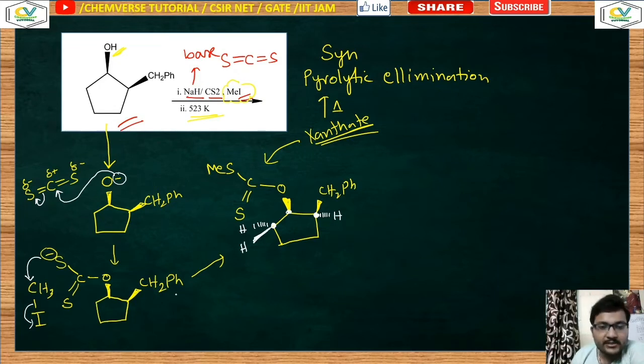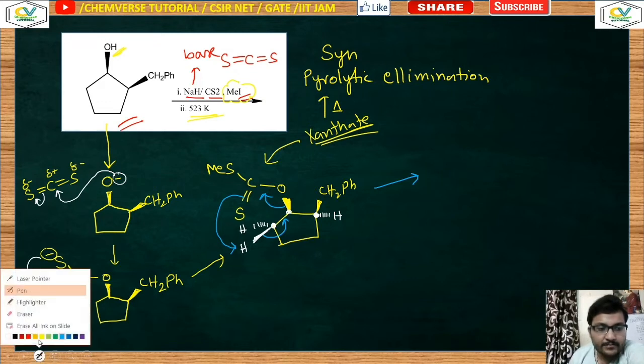So that can be abstracted. So what I can say is that this S will abstract this hydrogen present in the above position. Now this bond will cleave to produce a C double bond C over here, and this will cleave. So it's a concerted mechanism, and it will produce this kind of system.